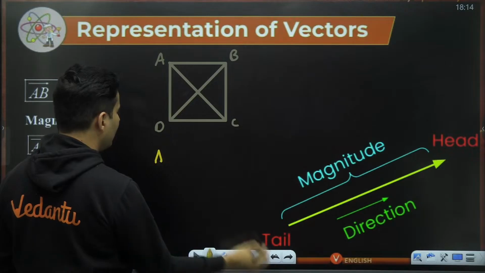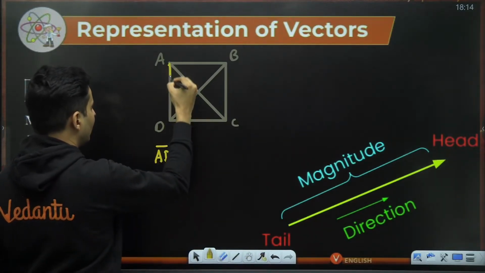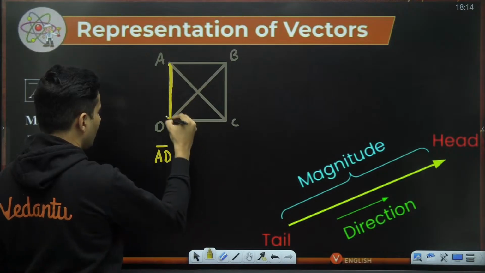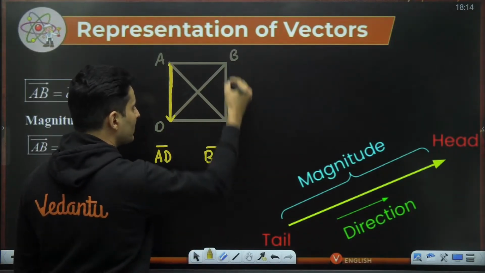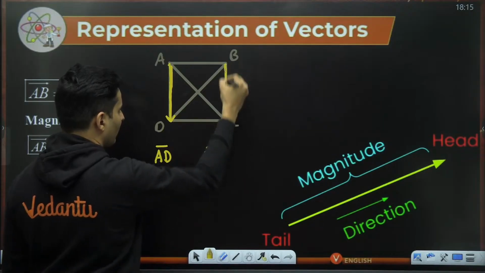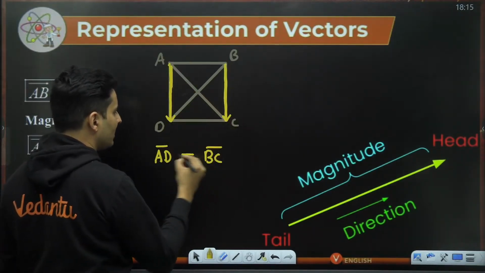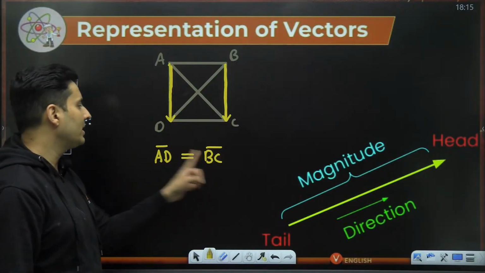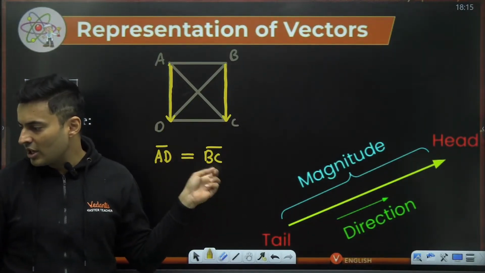Can you see vector AD bar? It's from A to D. So that is basically this vector. Then I can also make vector BC bar, B to C. Can you see both these vectors? Their magnitudes and directions are the same. So can you say that they are equal, guys? They are actually equal vectors. Everybody with me? They are equal vectors.